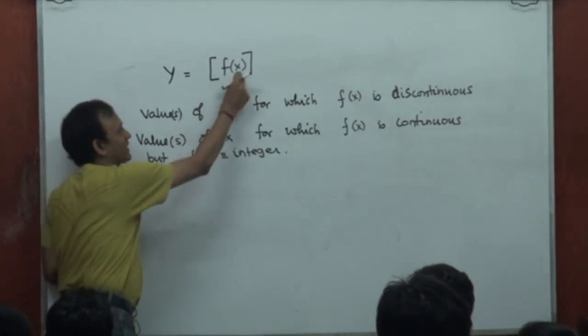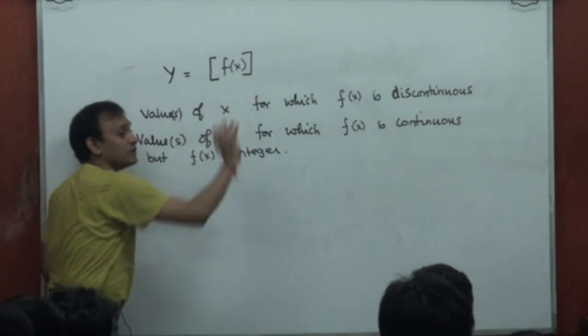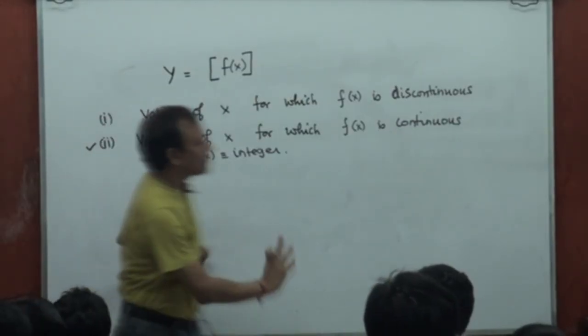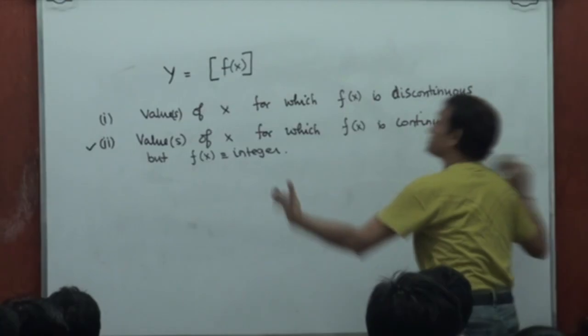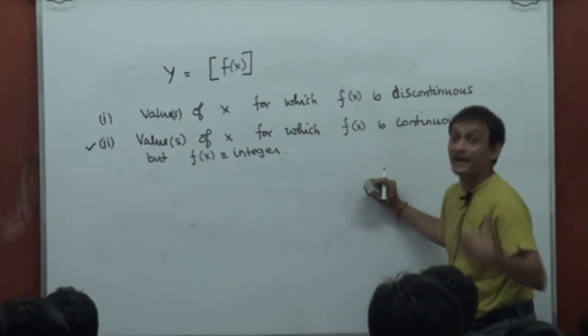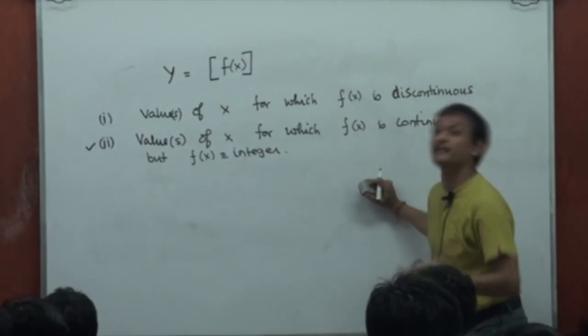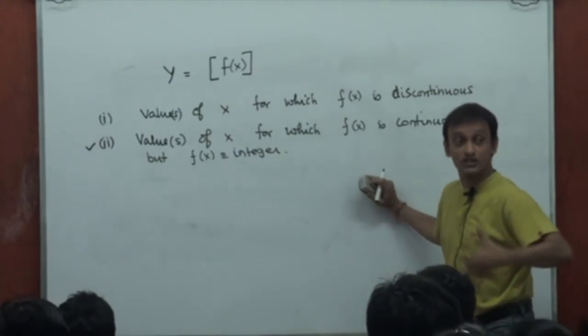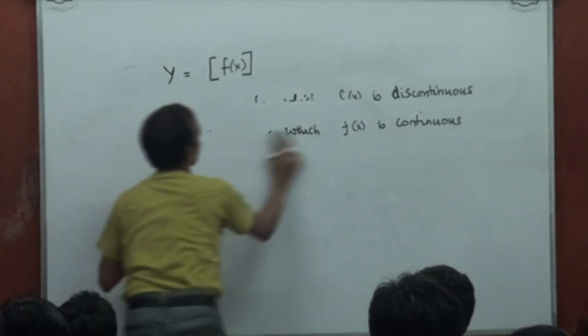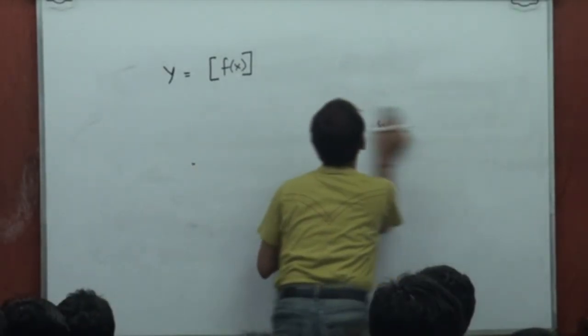If at x equal to a, fx is itself discontinuous, then you can conclude that box of fx would also be discontinuous. But now, fx is continuous at x equal to some a, but fx assumes an integer value. What happens? Let me talk about this in slightly greater detail.